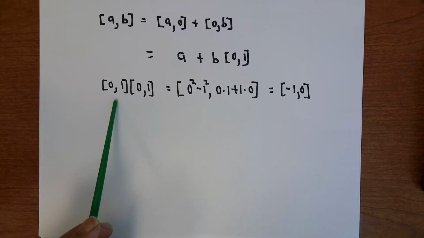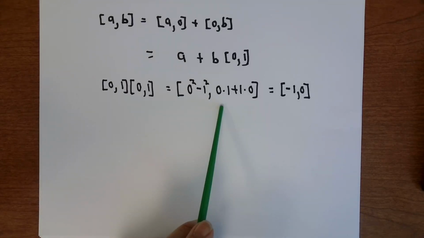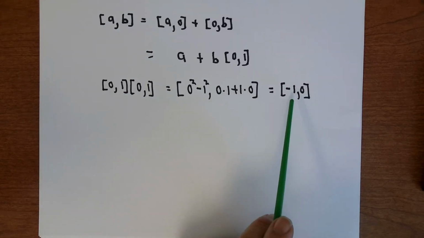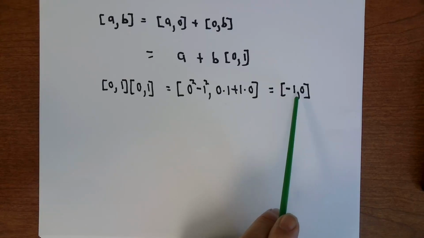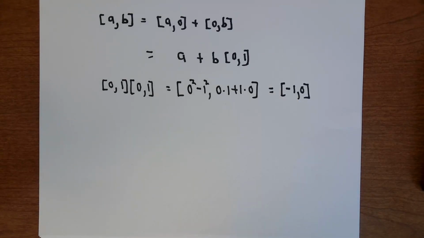If I take 0, 1 and square it, if I multiply it by itself, using the recipes that we've previously established, I end up with something with a -1 in the first position and a 0 in the second position. We associate that with a real number. To be exact, the real number -1.